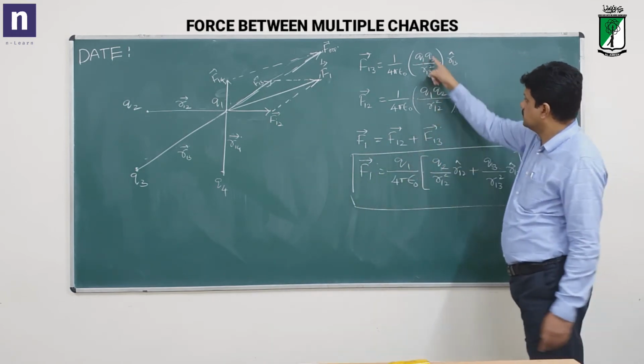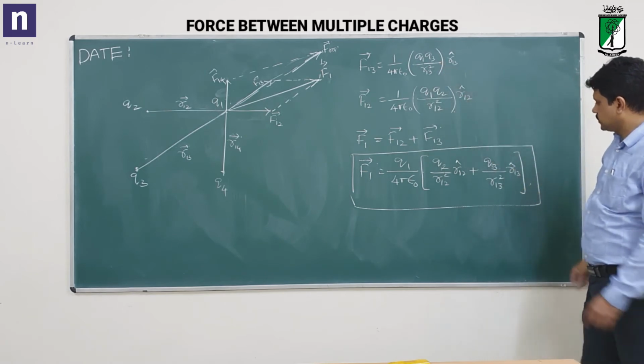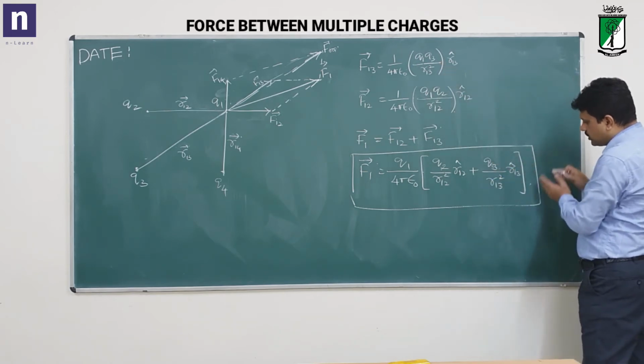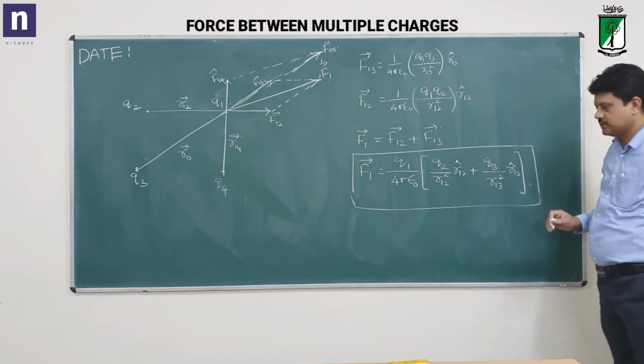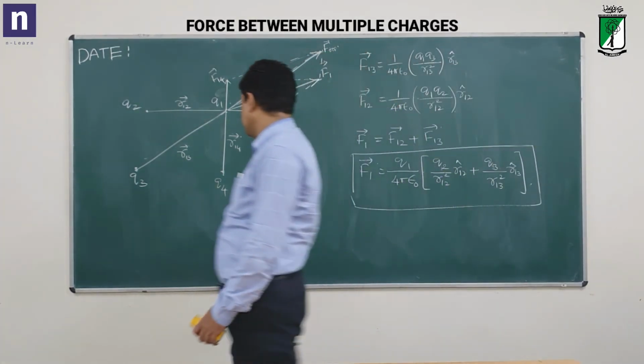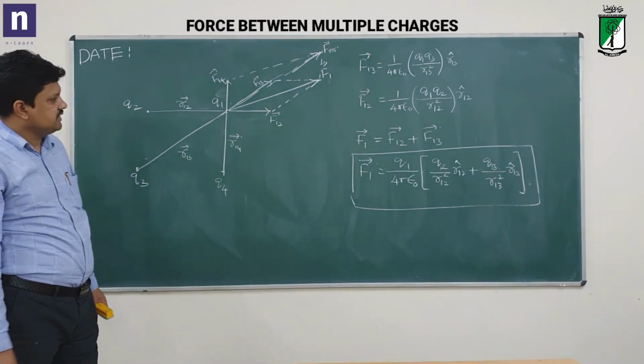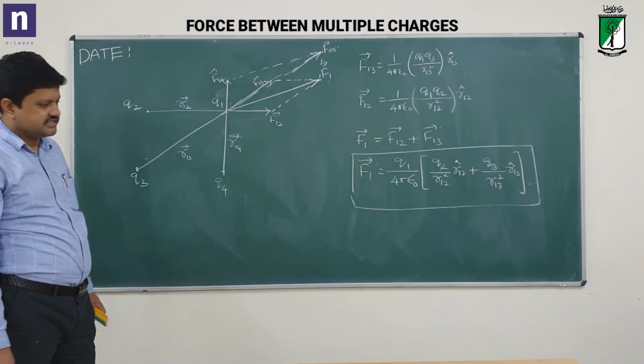Q1 common I took, Q3 and Q2, right? So now one more part adds up, that is Q4 by R14 square, that's all, with R14 cap. Simple. So this is the force between multiple charges here.